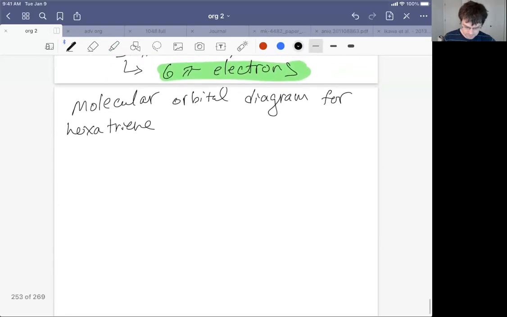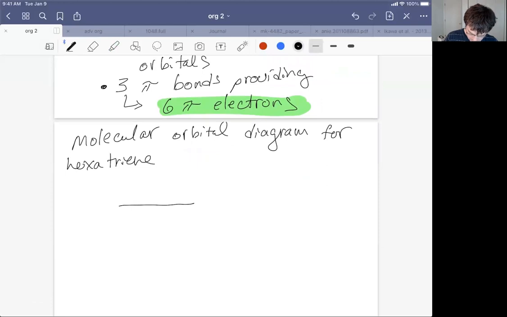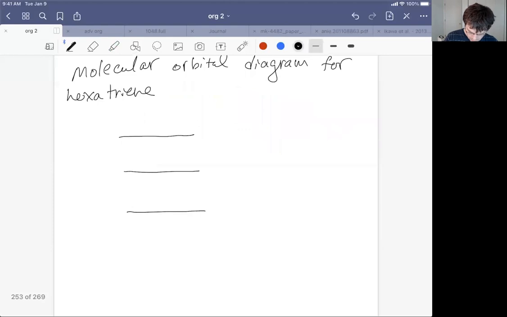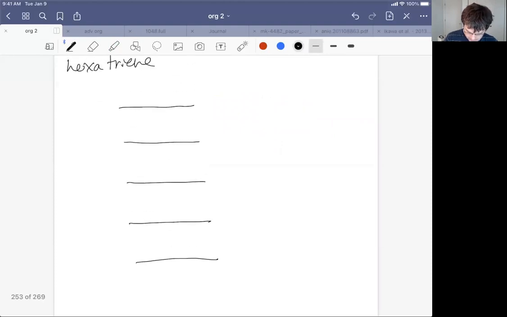So we're going to have, let's see, I need a lot of space. So I'm going to have 1, 2, 3, 4, 5, and 6 lines corresponding with pi 1, pi 2, pi 3, pi 4, pi 5, and pi 6.